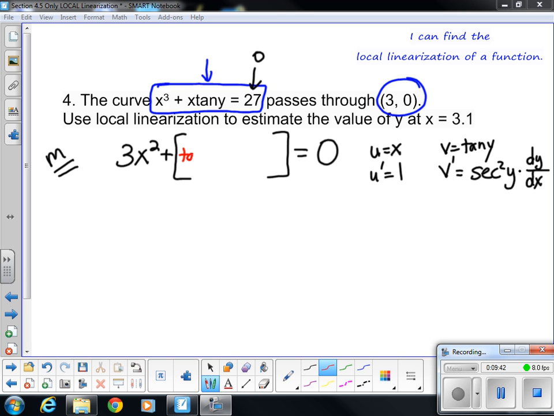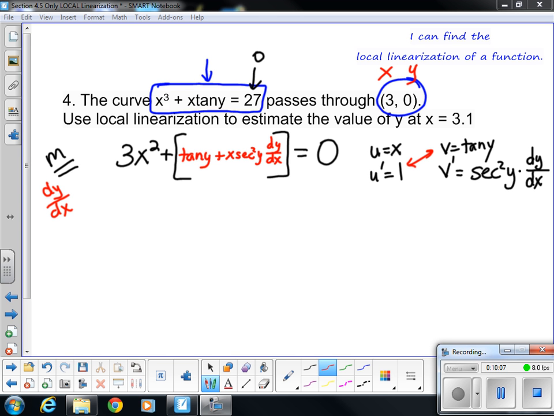Tangent of y times 1 plus x secant squared y dy dx. Now in this case, our slope is the same as dy dx. So we need to solve this equation for that when x equals 3 and y equals 0.